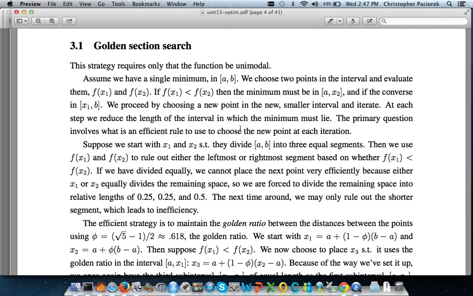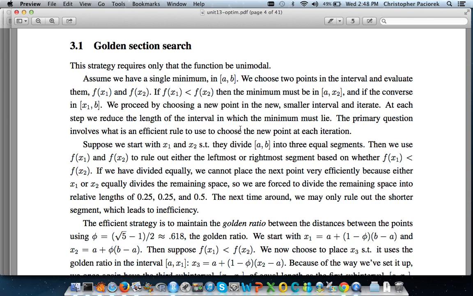Well, okay, now I can think about the second iteration of this procedure. What if I add a third point to try and eliminate even more of the domain? I might choose x3 to be here, and suppose I find that f evaluated at x3 is here.